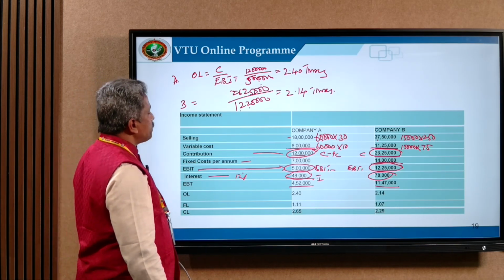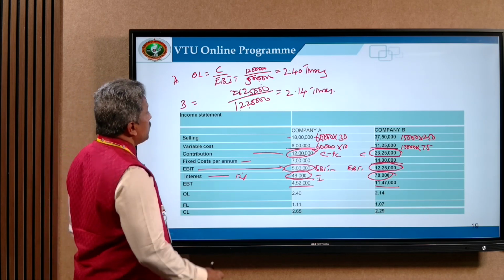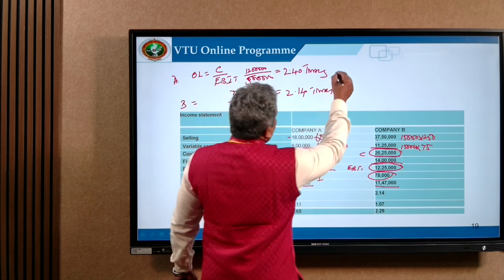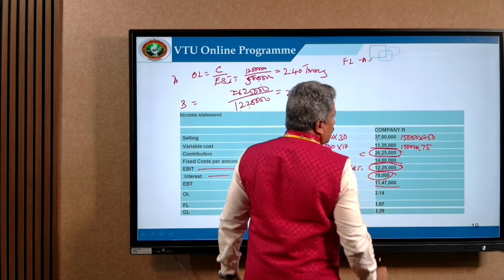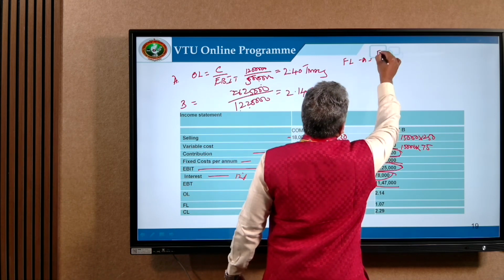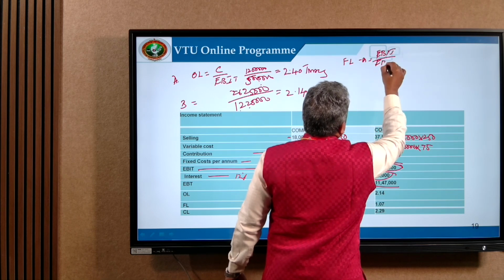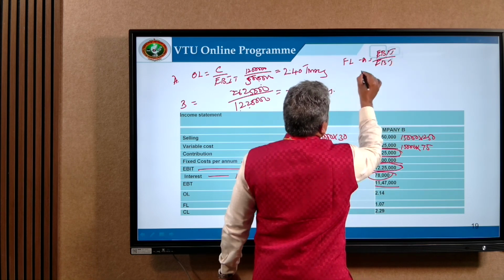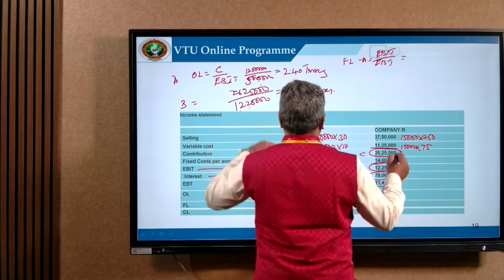In the same way, financial leverage needs to be calculated. Financial leverage of company A is equal to, the formula is financial leverage equals EBIT divided by EBT. So, company A's EBIT is 5 lakhs rupees.